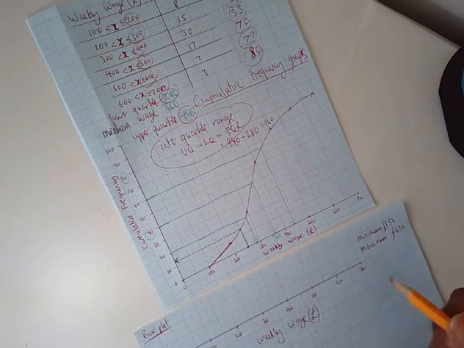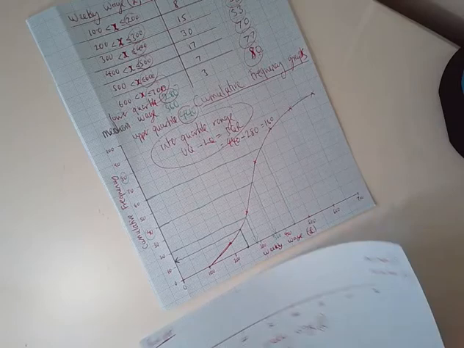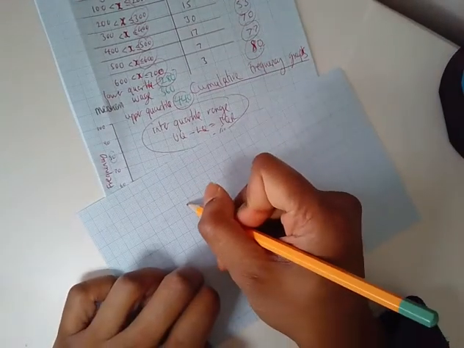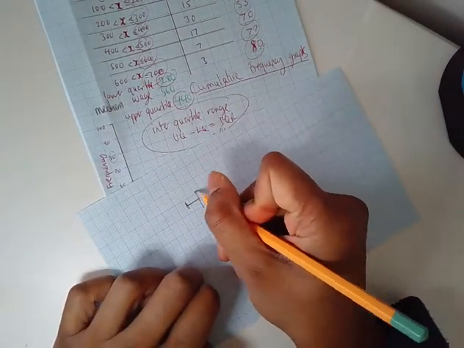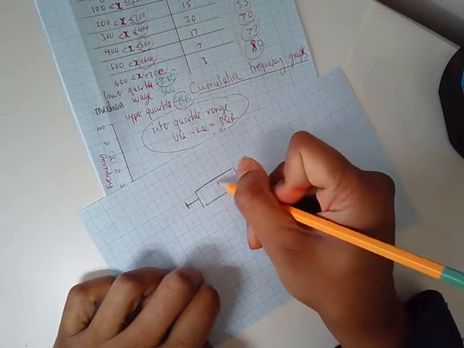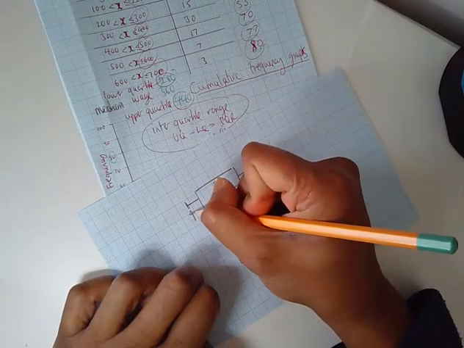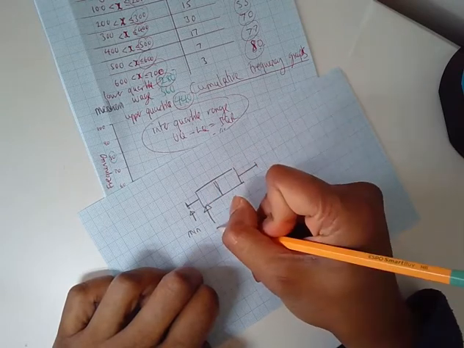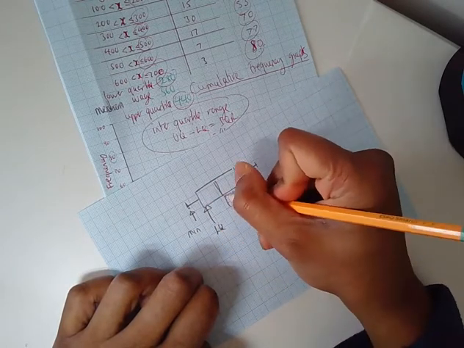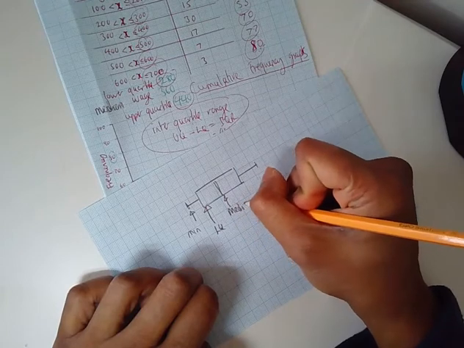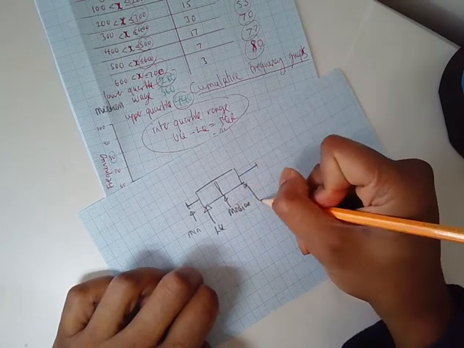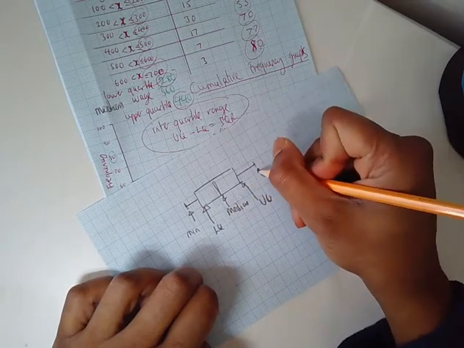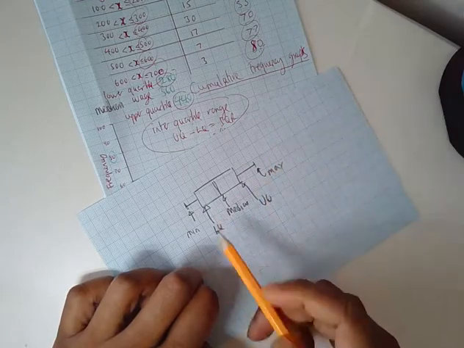Right, so generally a box plot looks something like this. That one there is the minimum. That would represent the lower quartile, median, upper quartile, and maximum. So here we go.